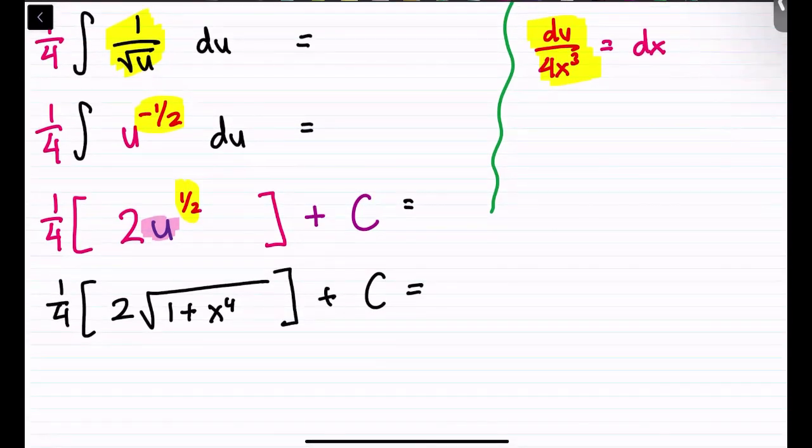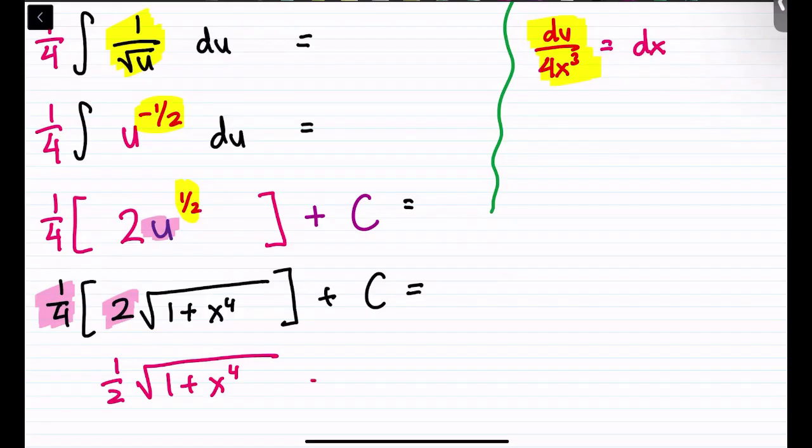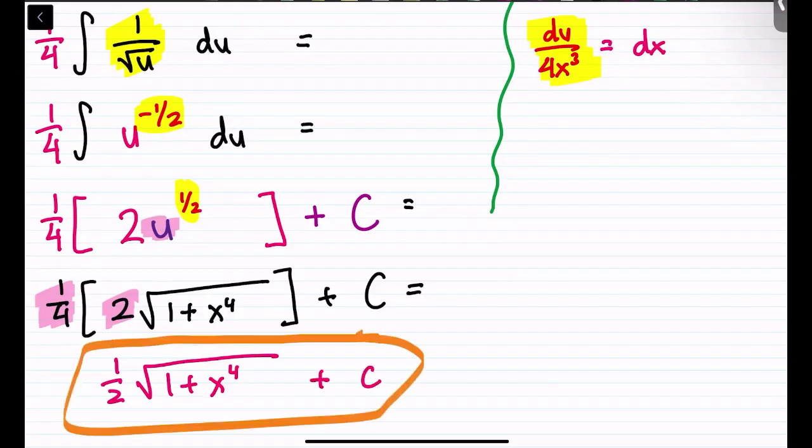Let's rewrite this statement so that our final answer looks a lot cleaner. So I will simplify by doing 1 over 4 times 2, and that gives us 1 over 2 times the square root of 1 plus x to the fourth power plus c. And this is our final answer for our antiderivative.